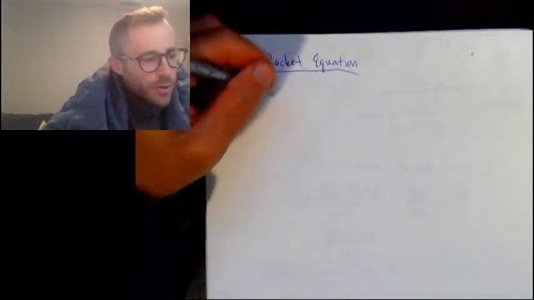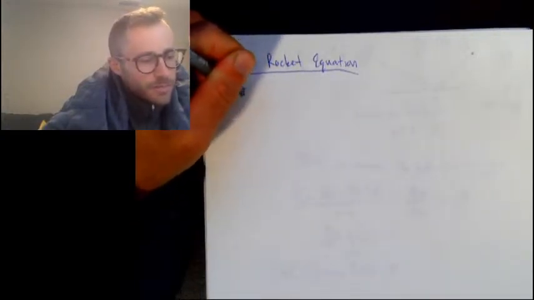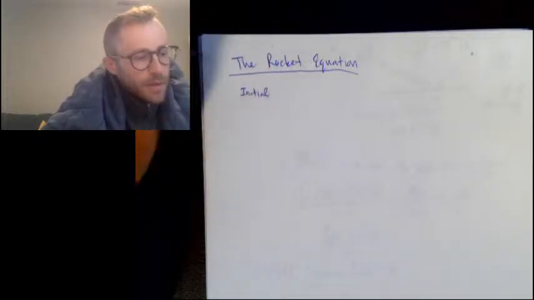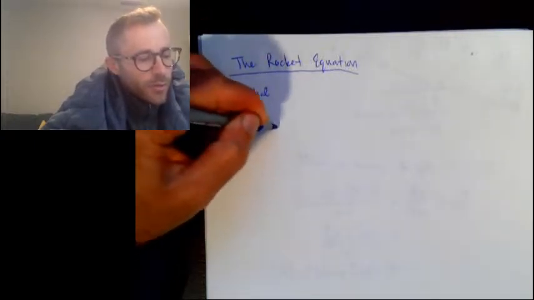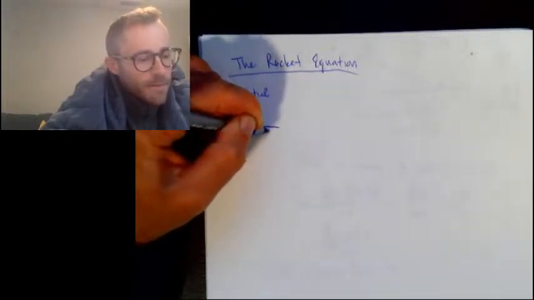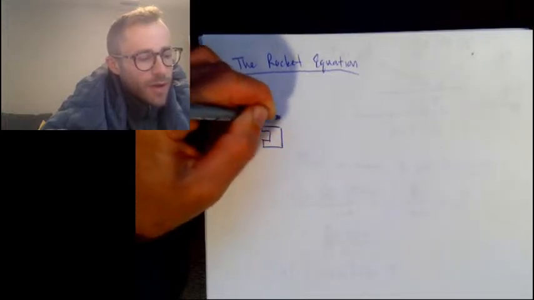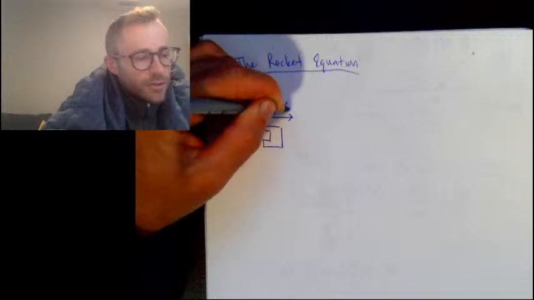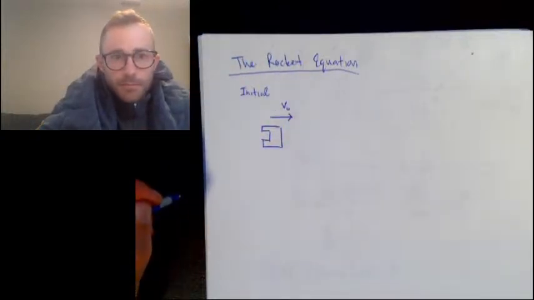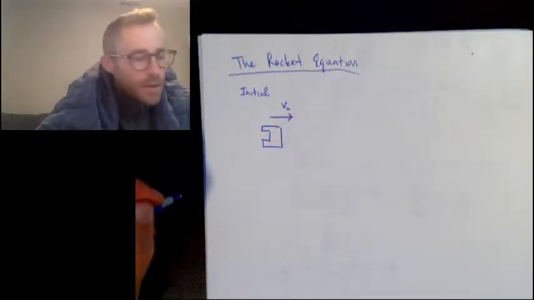So here's what I want to think about. So here's initial. Initially, the rocket has a velocity v initial. Okay.